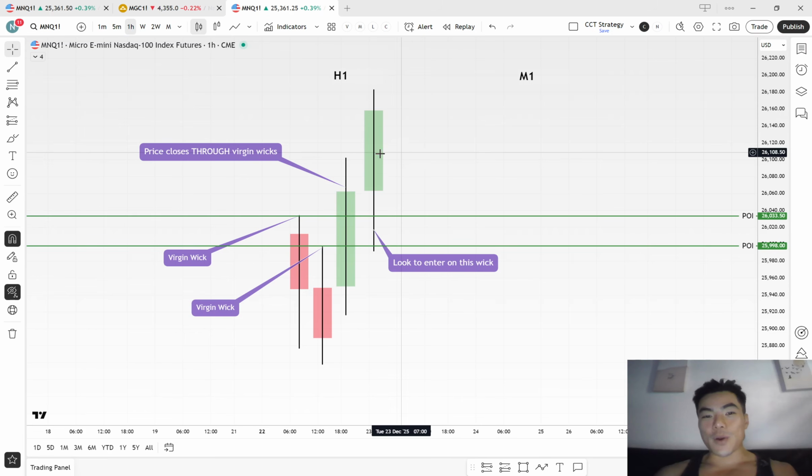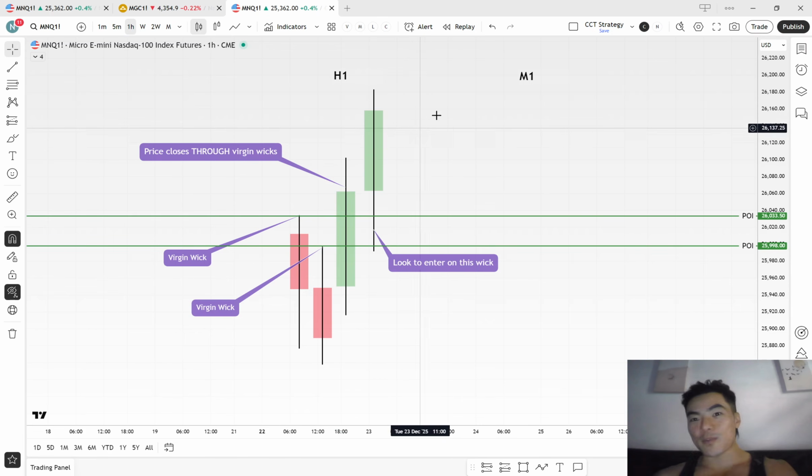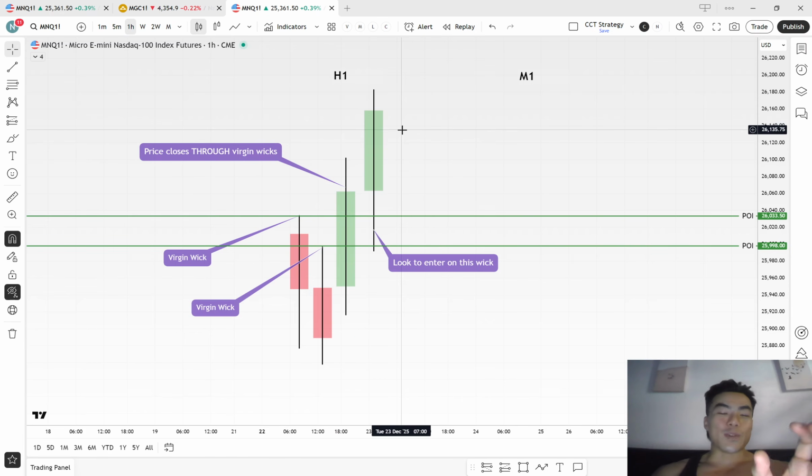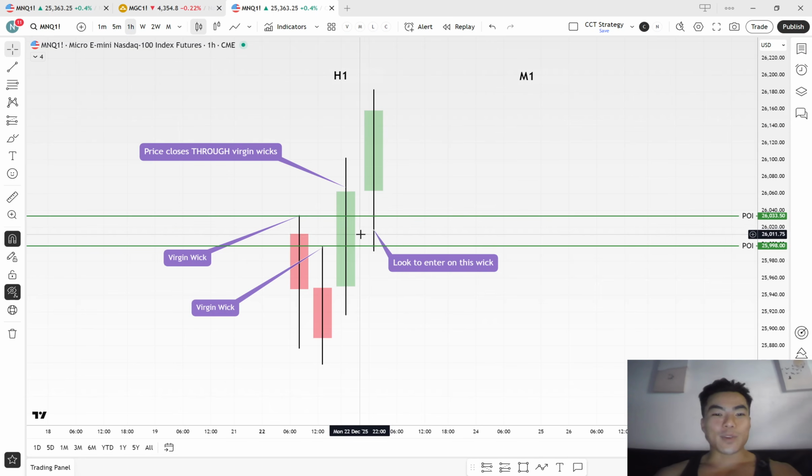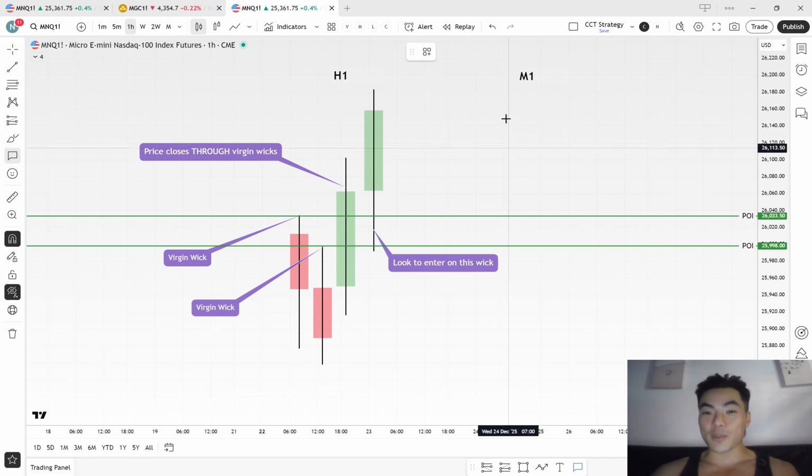And what it looks like on the lower time frame: your hourly is your high time frame analysis, and then once you've got your POIs, you want to go down to the lower time frame, which is the 1 minute. And so what you want to see is price will come down into one of your POIs, right?